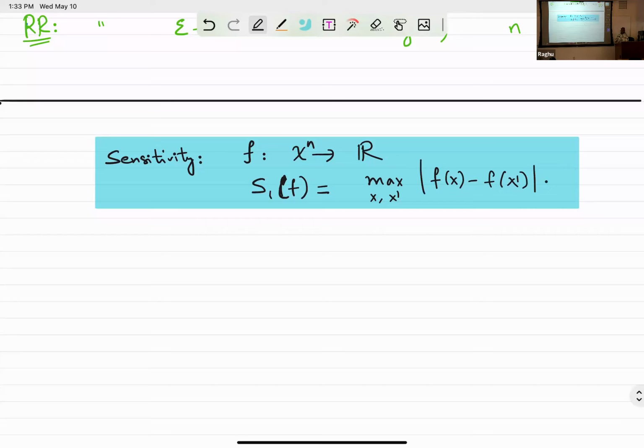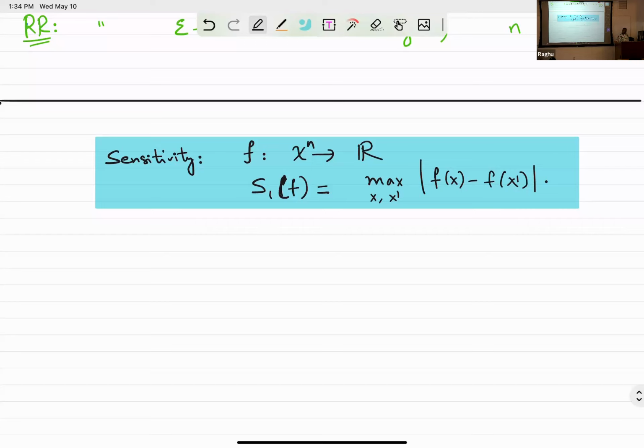It's a function with real valued outcomes. It could be the mean, it could be the median, maybe it's the 10th percentile, 50th percentile, whatever you have. And you're just looking at the difference between two neighboring databases. If I change one coordinate, if I flip the data of one user, how much does my function change?